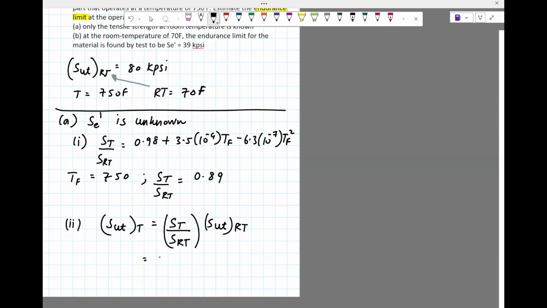ST divided by SRT is 0.89. SUT, this thing is given here. It's 80 kpsi. So SUT at operating temperature comes out to be 71.2 kpsi. So that's step two.